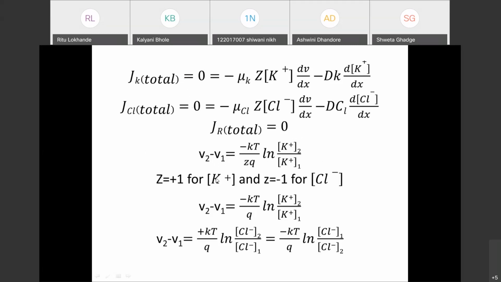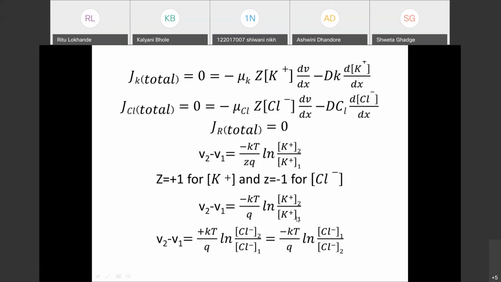Now for K plus, z is equal to plus 1, and z is equal to minus 1 for Cl minus. If we substitute for K plus z equal to plus 1, the equation becomes V2 minus V1 is equal to minus kT upon q log of the concentration of K plus on the second side upon the concentration of K plus on the first side of the membrane.